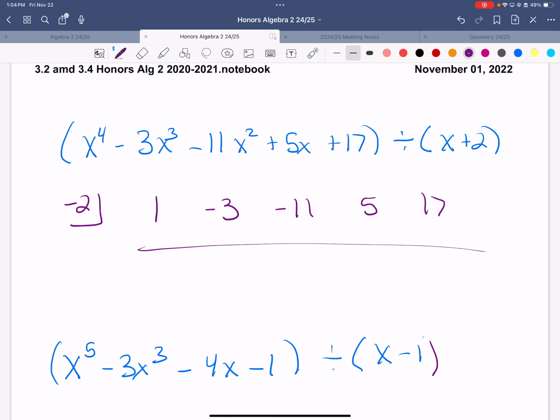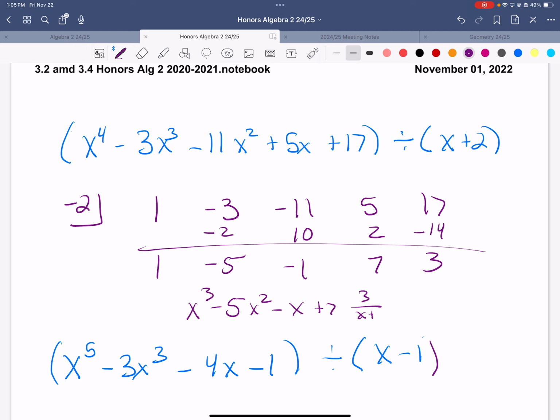Underneath the line. 1, above the line. Below the line. Above the line. Below the line. So x to the third minus 5x squared minus x plus 7 and 3 over x plus 2.